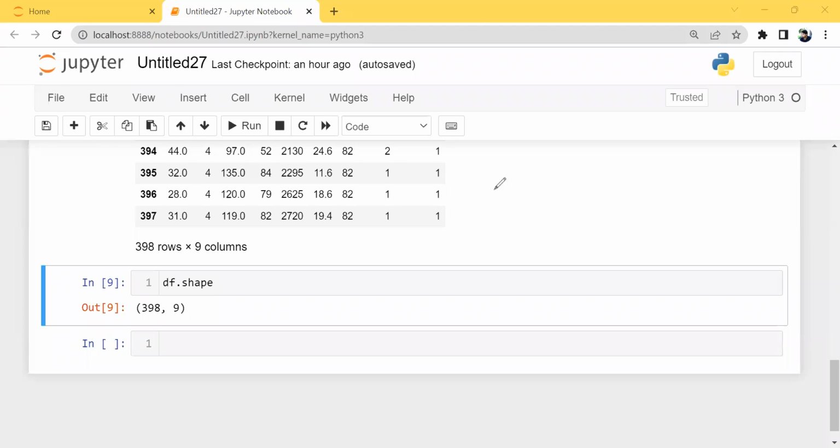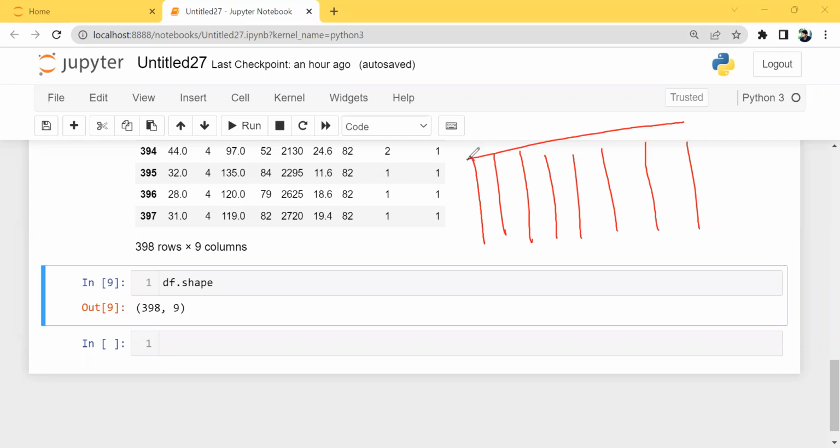See, for example, here you have 9 columns and some 398 rows, which, let's assume, are enough to explain the relationship.